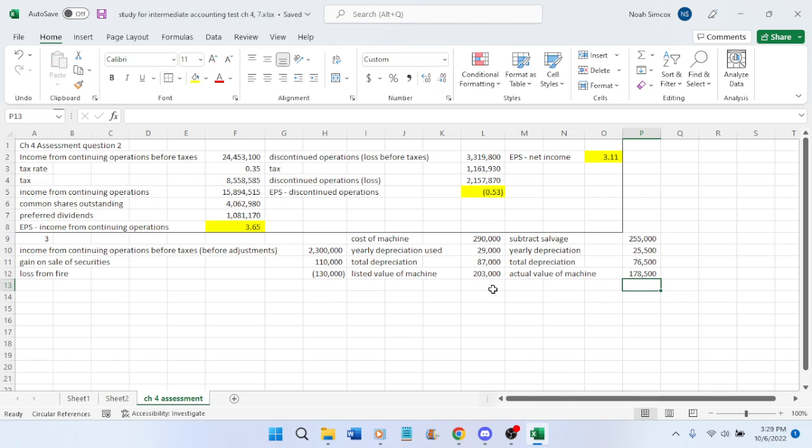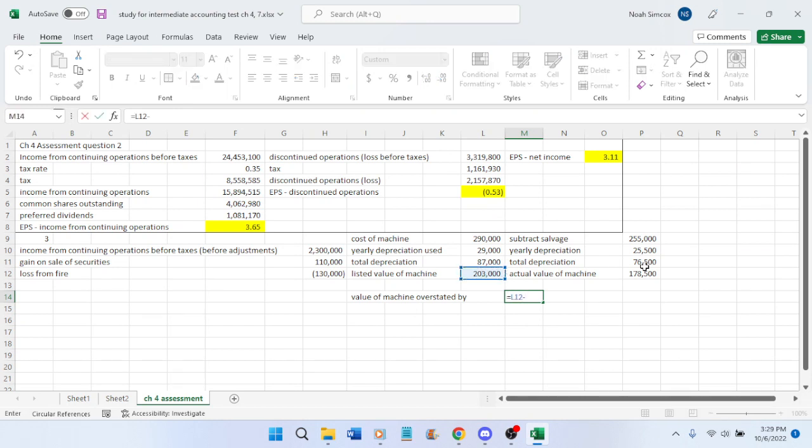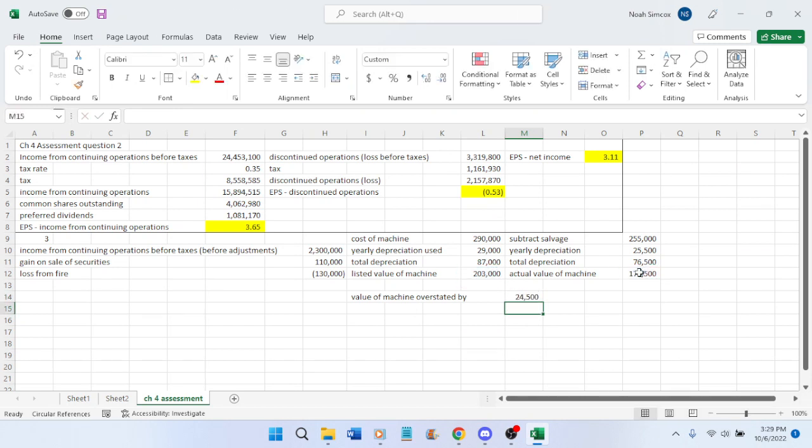So listed value of machine, actual value of machine, value of machine overstated by adjustment.